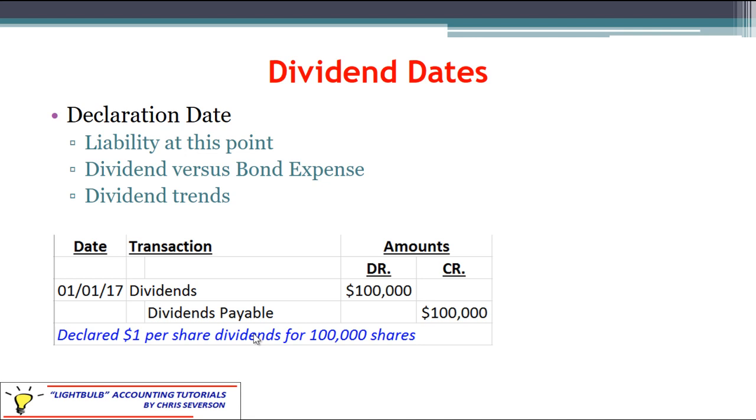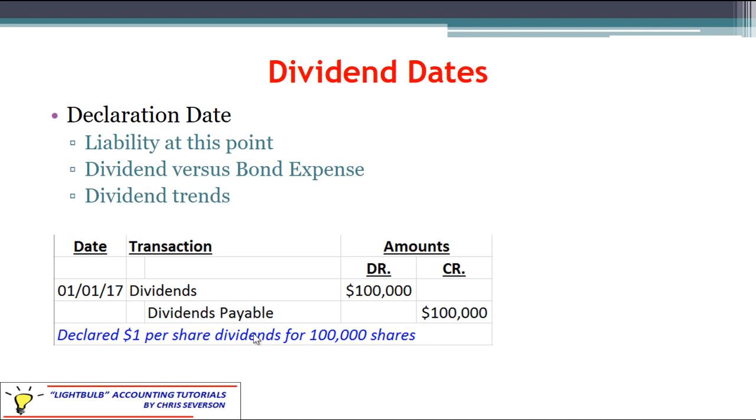With a dividend, there is not, until the declaration date. As soon as the board of directors has decided that they are going to declare a dividend in that period, it then becomes a liability, no different than bond interest payable. Again, we're comparing the dividend to bond interest expense. The dividend only becomes a liability once it's declared.